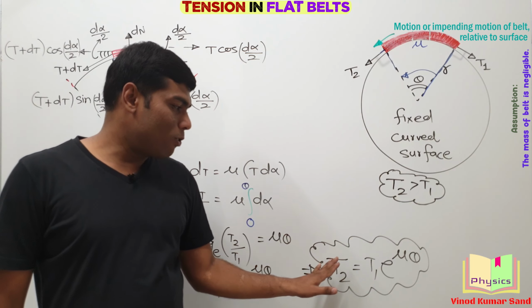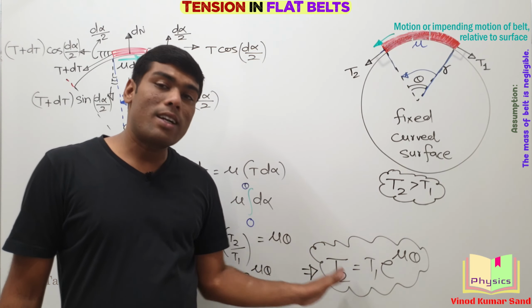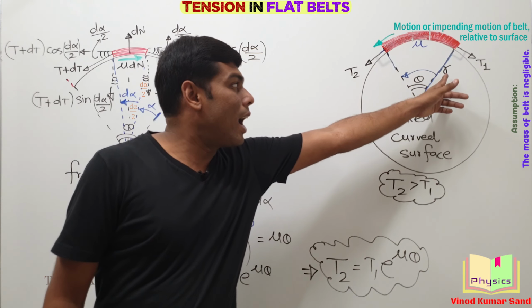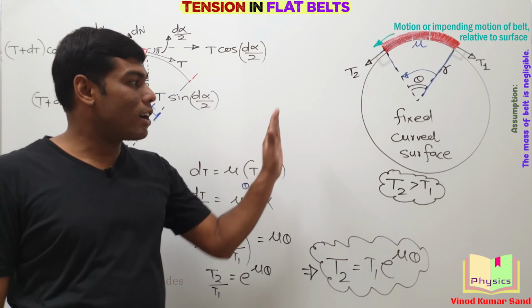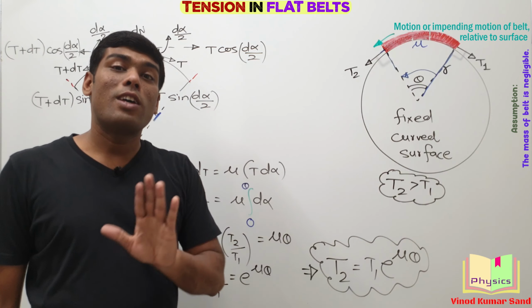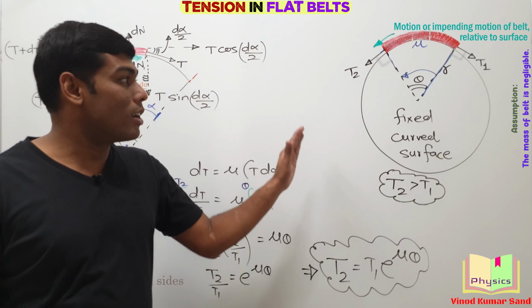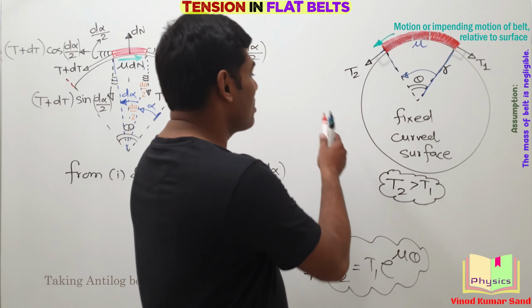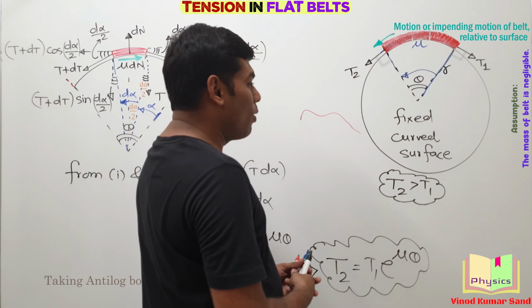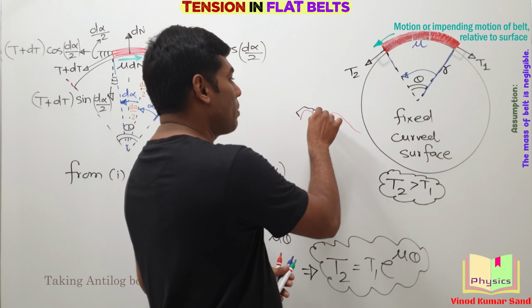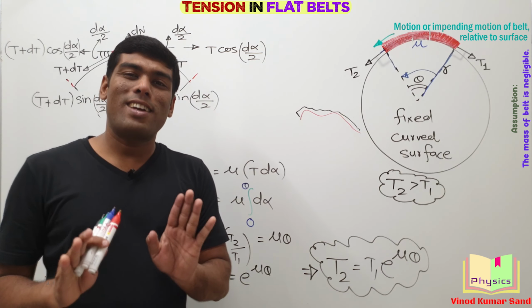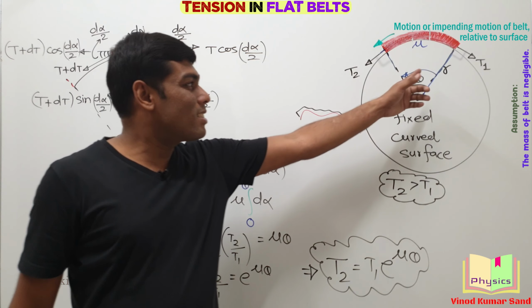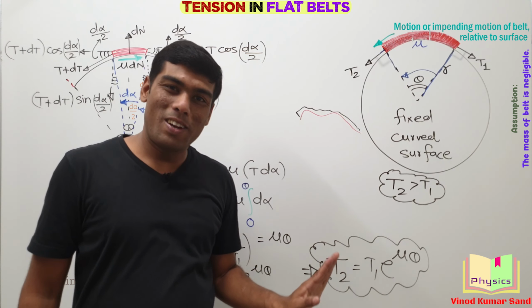Let us see a few more important things. In this entire derivation, the r appears nowhere. It means the radius of curvature of this surface is of no use in this derivation. So the curved surface might be even irregular. Okay, the rope might be passing over an irregular surface. Even then this result is valid, as the radius r appears nowhere.